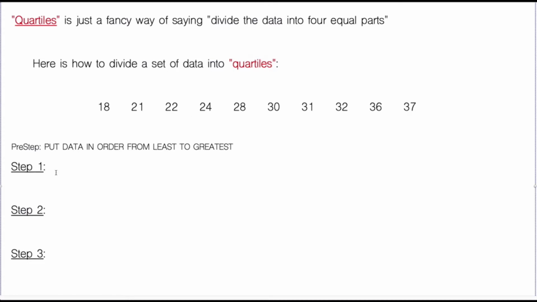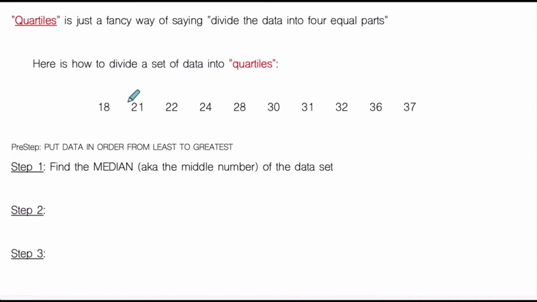Then your actual first step is find the median, which we learned yesterday is the middle number of the data set. So we're going to cut our data in half. In this data set, I've got 1, 2, 3, 4, 5, 6, 7, 8, 9, 10 numbers. To cut that in half, I'm going to go from back to front and wait till I find the middle.